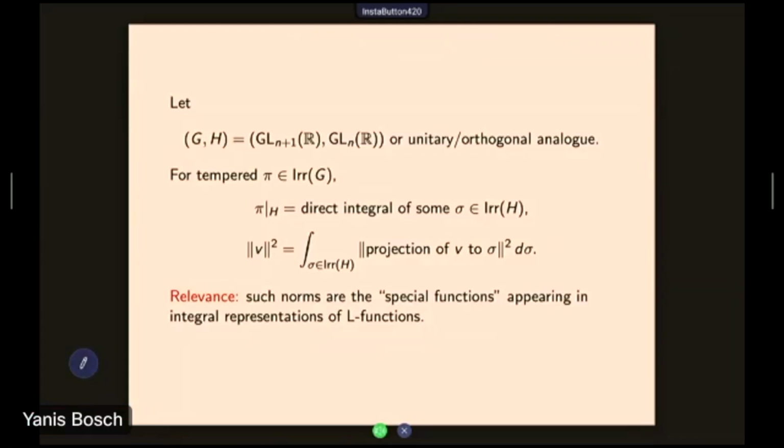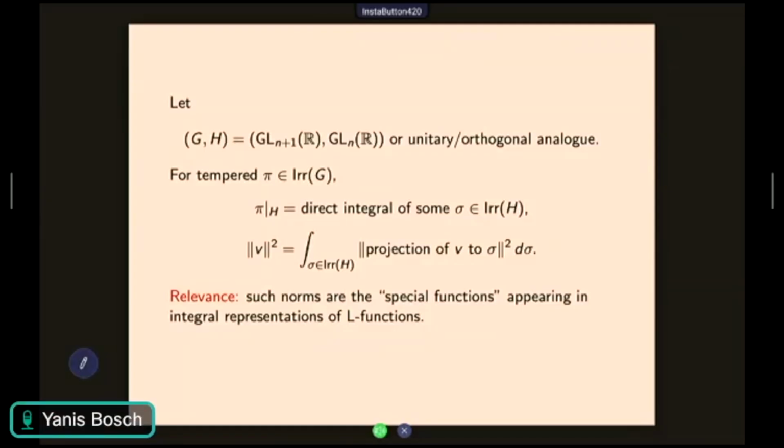The relevance of this picture to what we were talking about earlier is that these projection norms turn out to be essentially the special functions that I alluded to very briefly in the discussion of L functions and their integral representations.